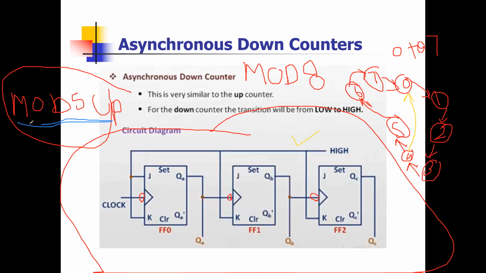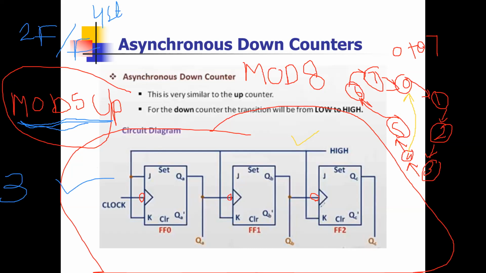First you should know how many flip-flops you need for this. Do you need 2 flip-flops? No, 3 flip-flops. Yes, 2 flip-flops will not be sufficient, because 2 flip-flops will give me only 0 to 3. I want 0 to 4, so I definitely need to use 3 flip-flops.